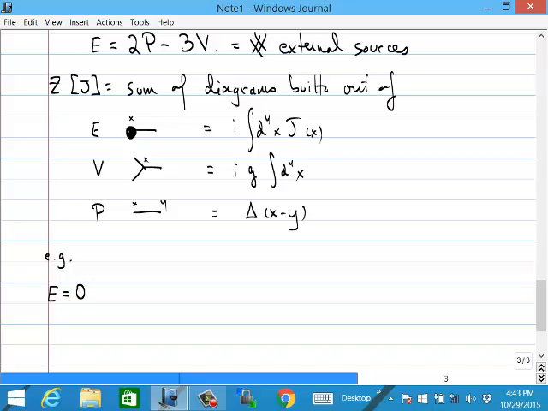E equal to 0 means we want to compute the terms in the partition function with no external sources. So these are sometimes referred to as vacuum diagrams, or also sometimes referred to as bubble diagrams.